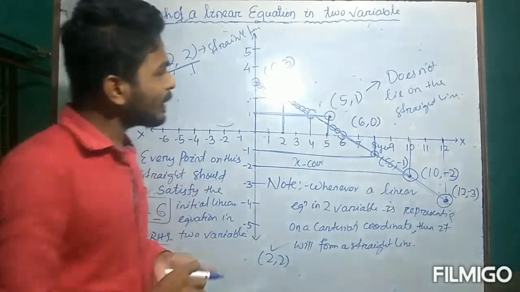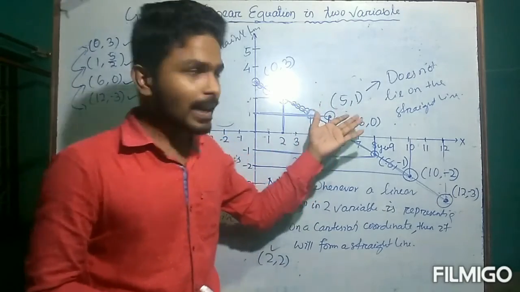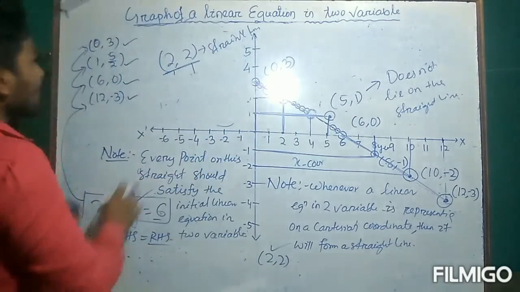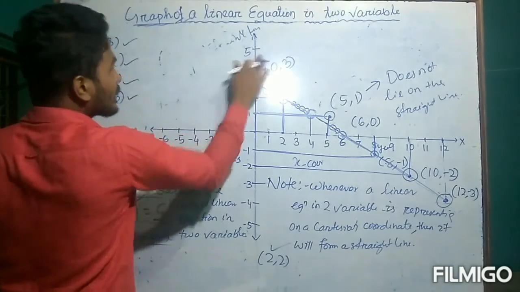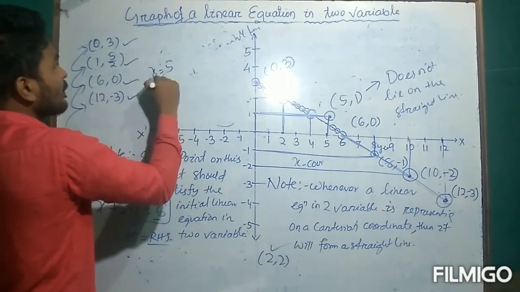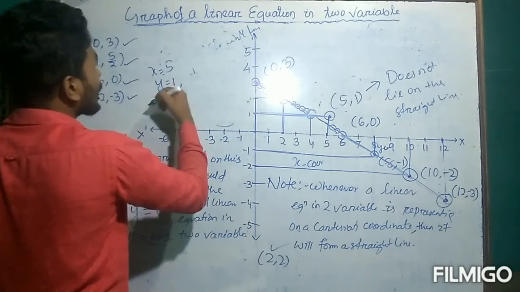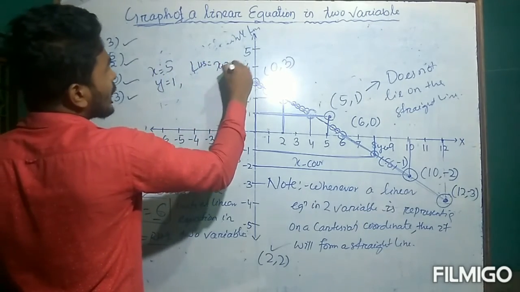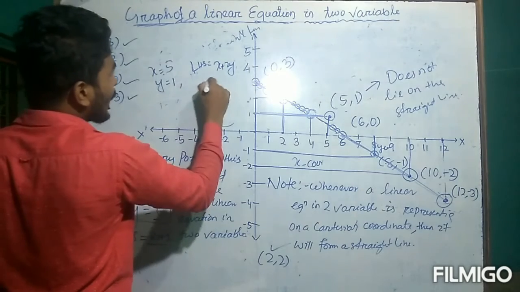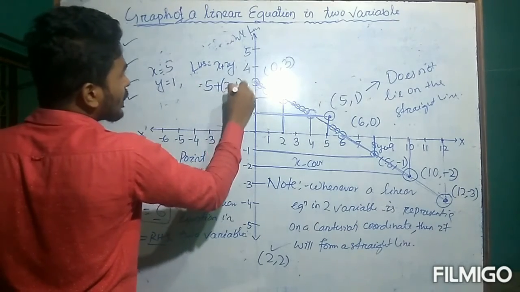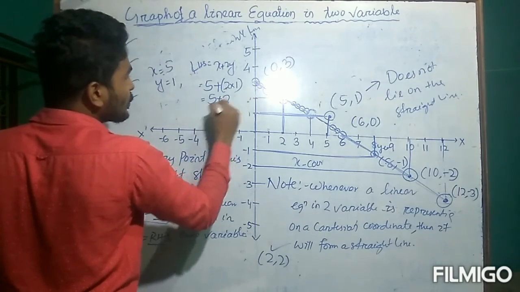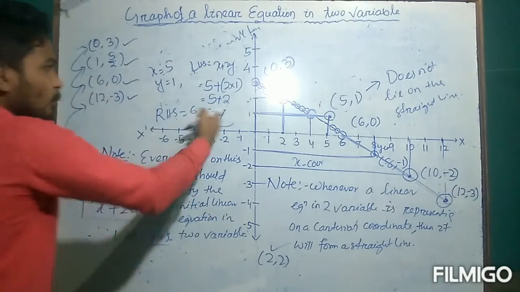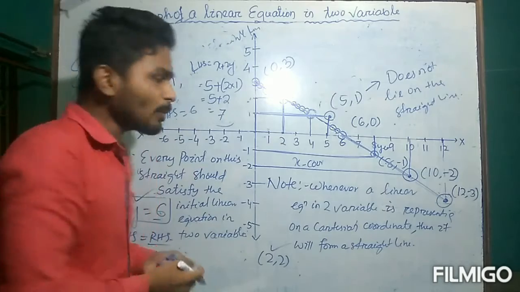Now we will verify whether, if a point doesn't lie on the straight line, it satisfies the equation or not. Let's verify. So here we have x is equal to 5 and y is equal to 1, and our LHS is x plus 2y. So x is 5 plus 2 into 1. 5 plus 2 is 7. But what is your RHS? 6. So are these two sides equal?